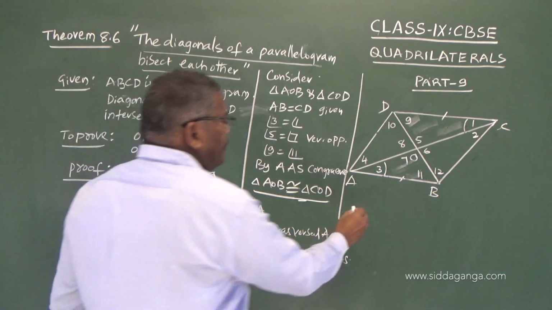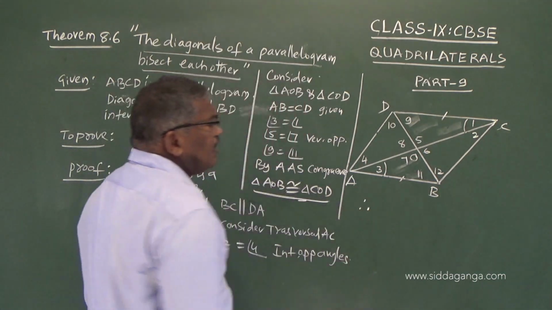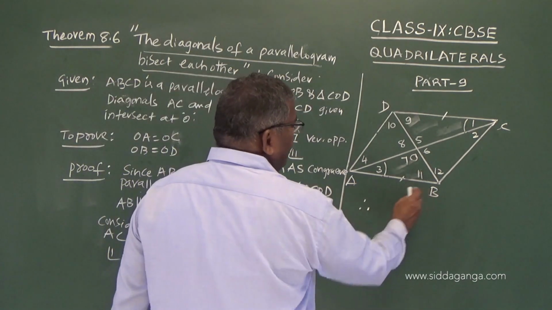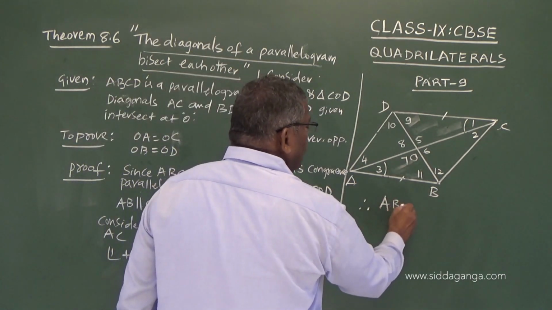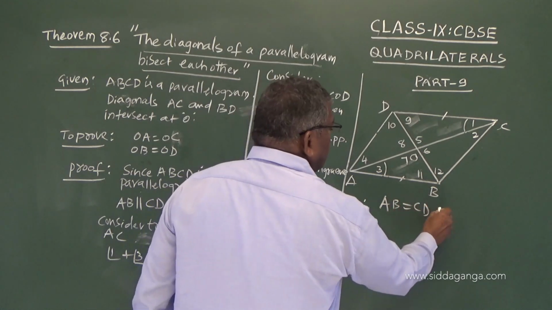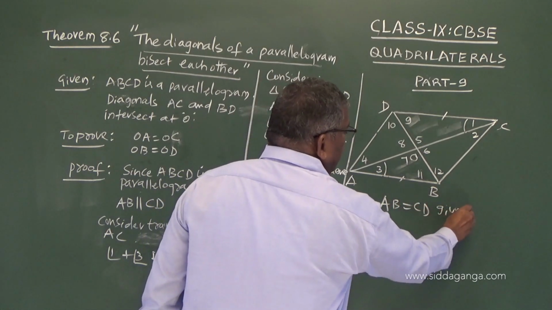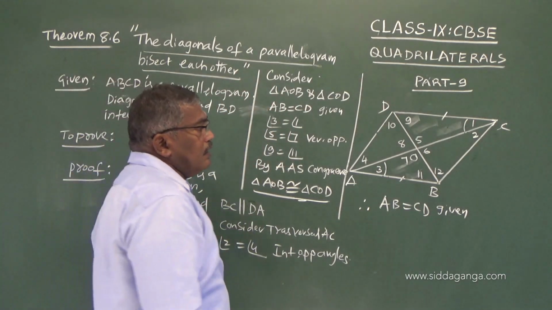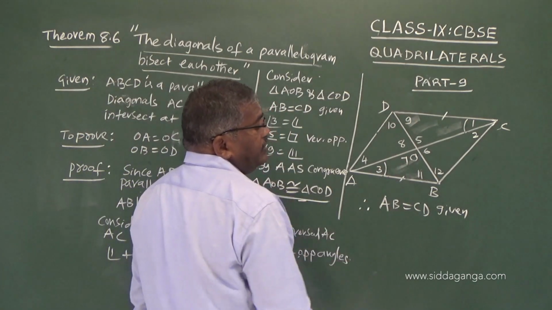So, when they are congruent, we already have AB equal to CD. In a pair of congruent triangles, the corresponding sides are equal.